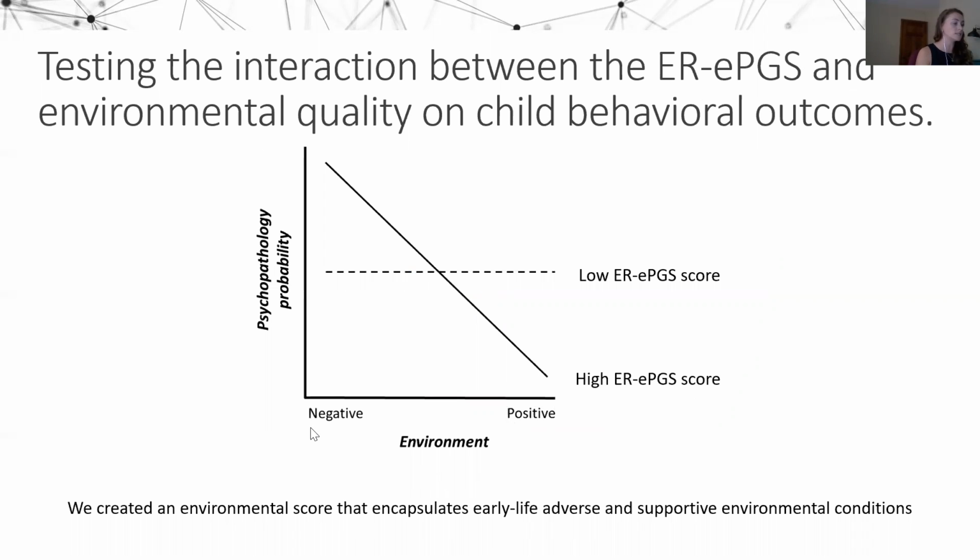But in order to test this theory appropriately, we needed to build an environmental score that encapsulated both positive and negative aspects of the environment. So we built this score for each individual in each cohort. You'll also see red lines on my graphs depicting where in relation to the interaction the significance lies.